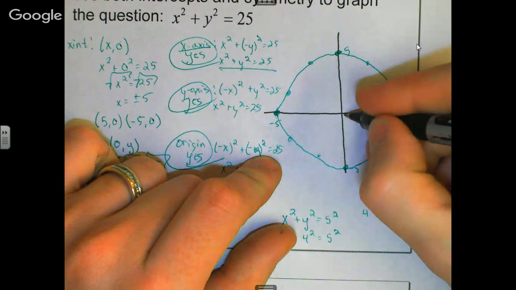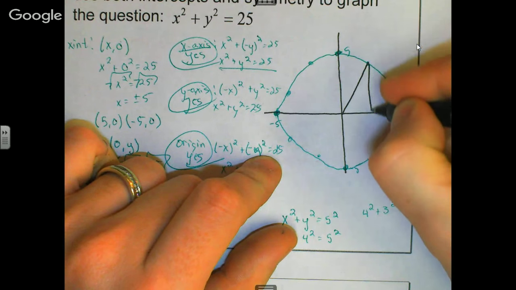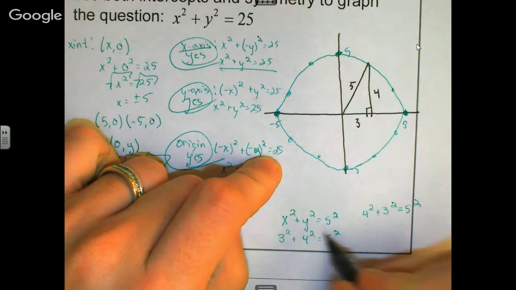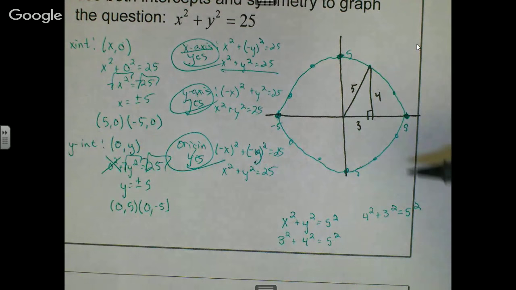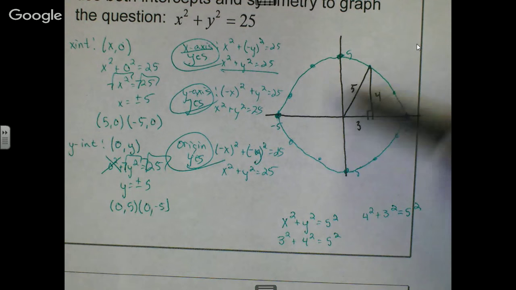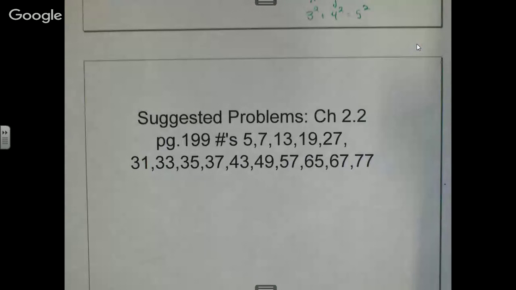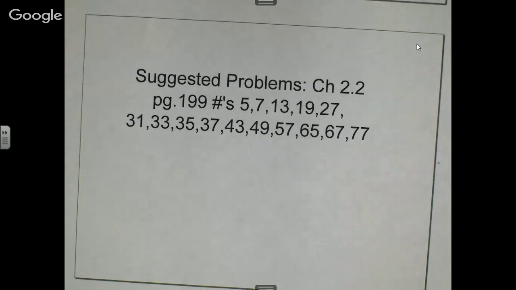And here's my 3, 4, 5 right triangle from down there. Okay, so a circle is kind of related to that triangle, and that's kind of dealing with some trigonometry stuff there.